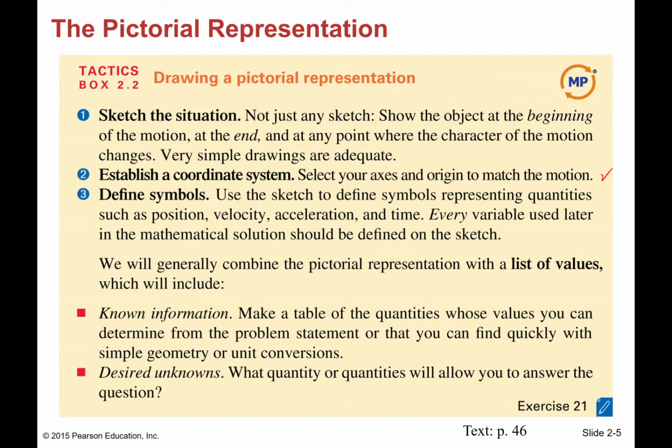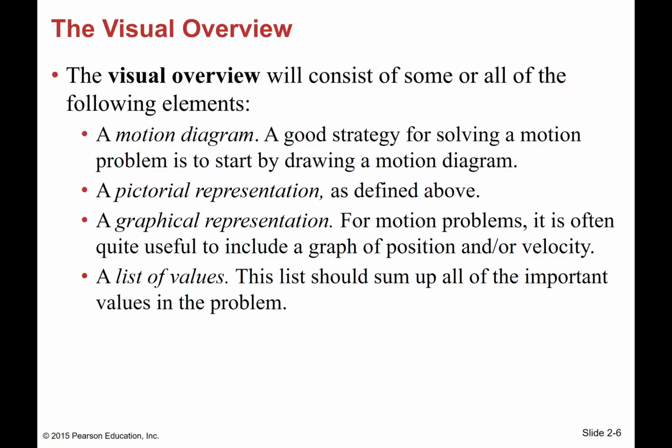So those are the things that you want to get from that pictorial representation. The visual overview, the picture, could be a motion diagram, could be a graphical representation, a v versus t axis and x versus t axis. It could also include a sketch of what is happening.